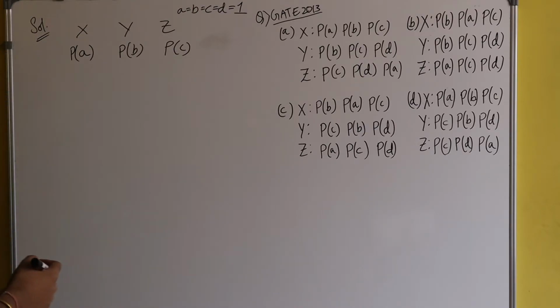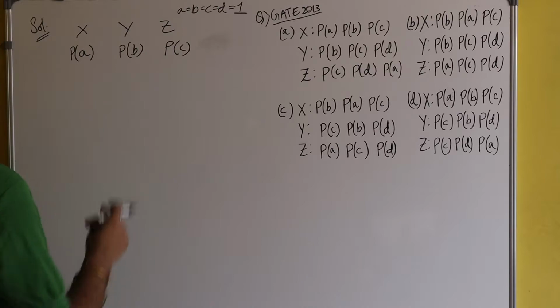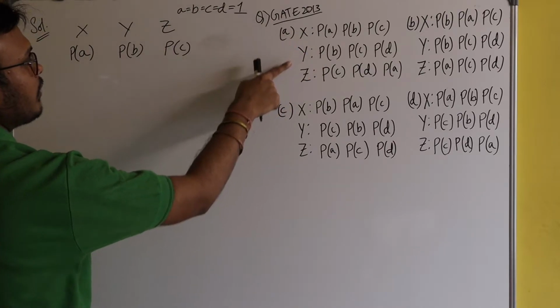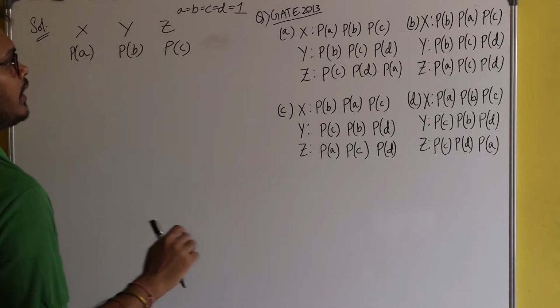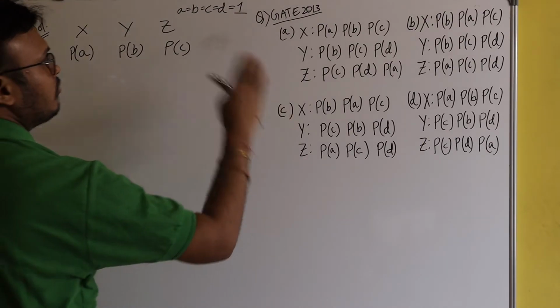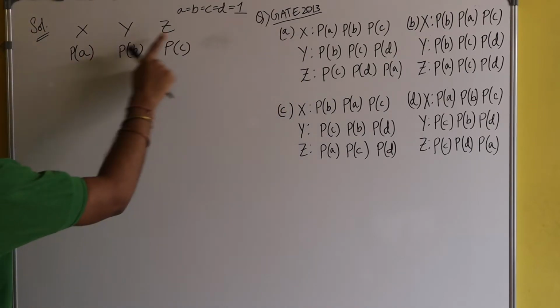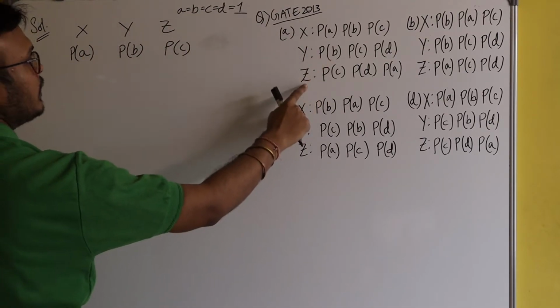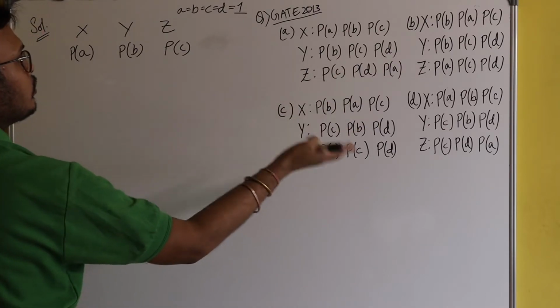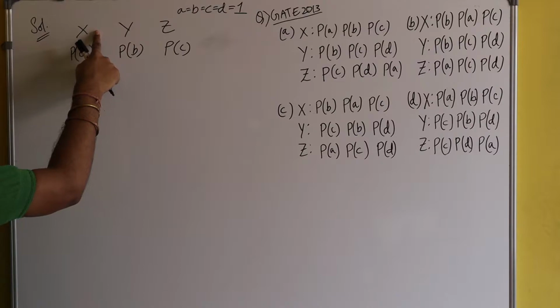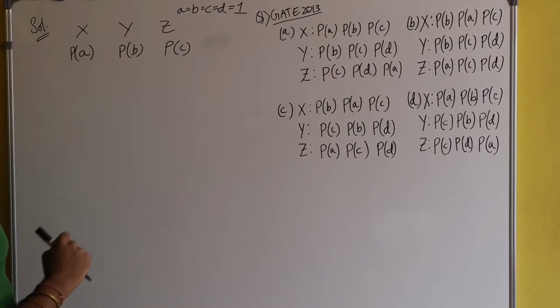So all these processes X, Y and Z have executed the first line of their code: X has executed PA, Y has executed PB, Z has executed PC. Now suppose the CPU is given back to process X.